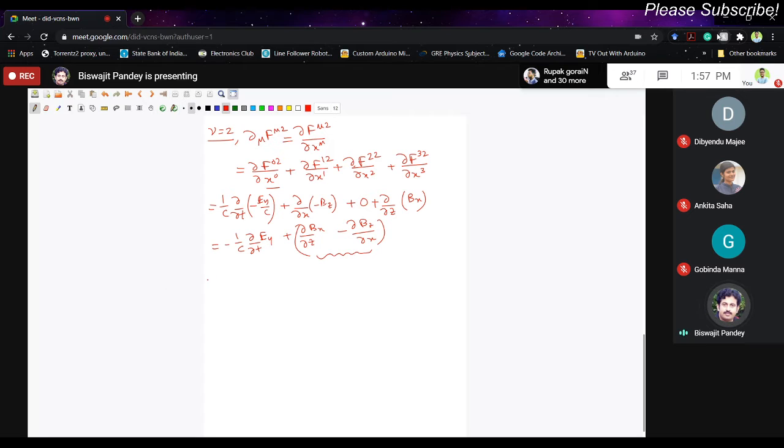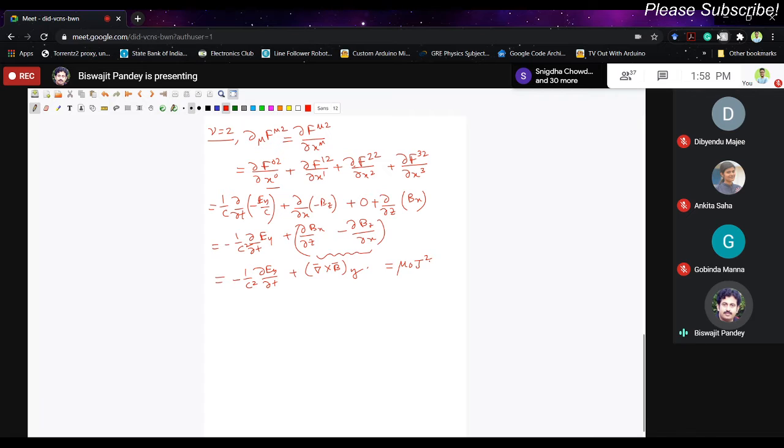So they are said 1 by c square, correct, 1 over c square. So minus 1 over c square del Ey del t, and then plus curl of B y component, right? And this should be equal to mu naught times the second component of the current density, J2.